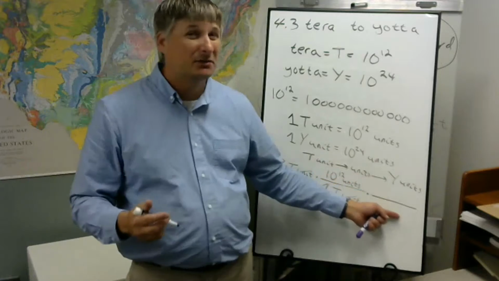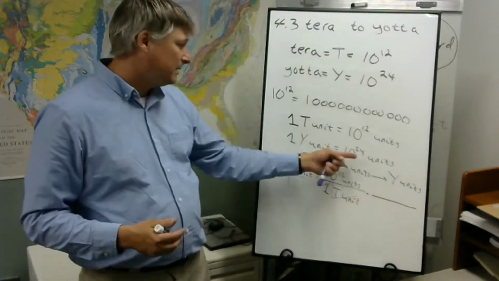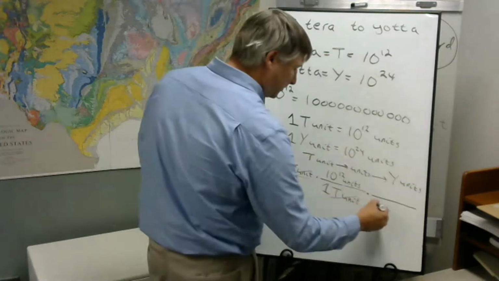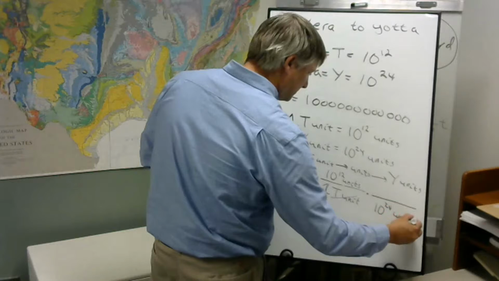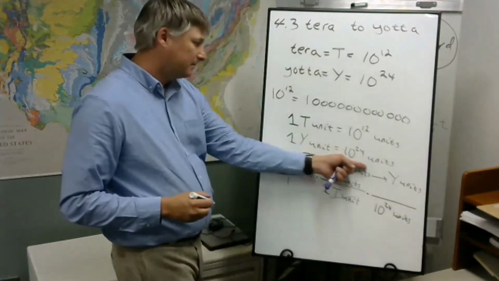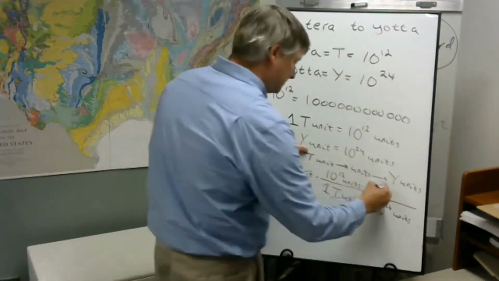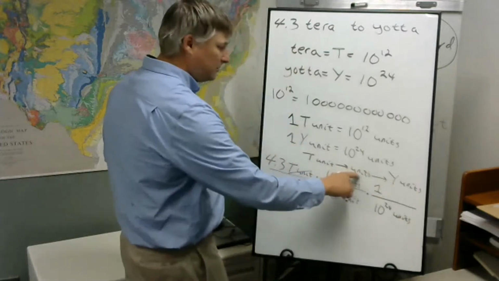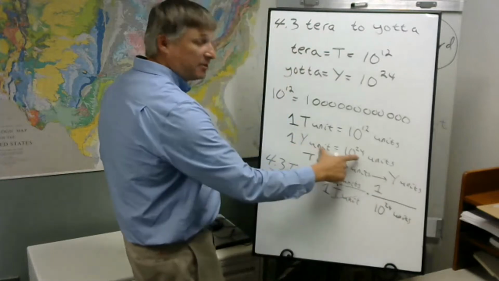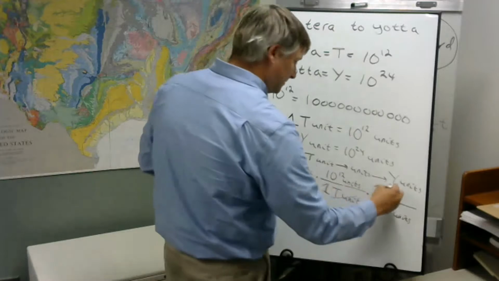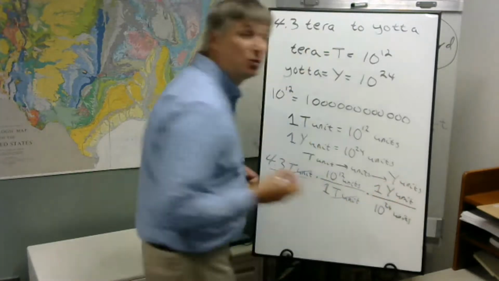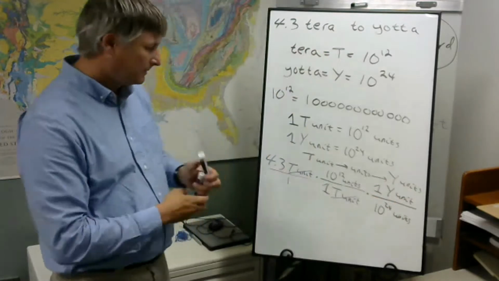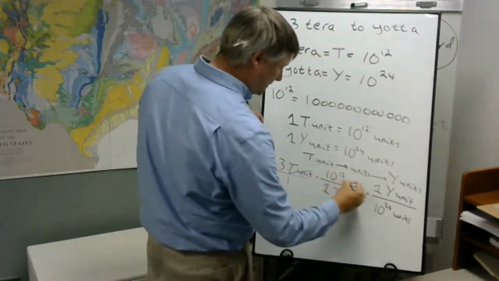We need the regular units on the bottom. So that means this 10 to the 24 goes on the bottom. And the yota unit, because we're converting from units to yota units, that means we're working only with this relationship now. The yota unit has to go on top. There's no other place for it to go. So sure enough, our units are canceling.